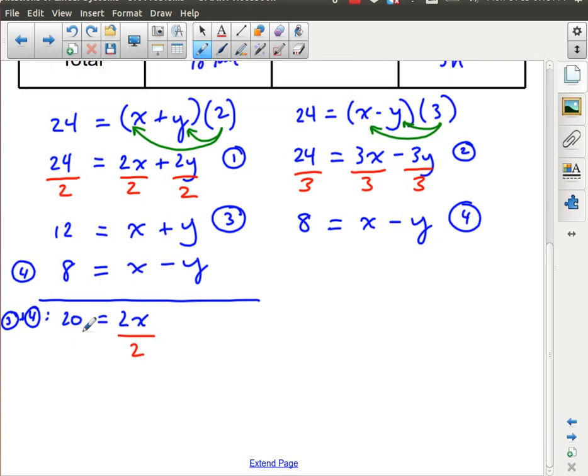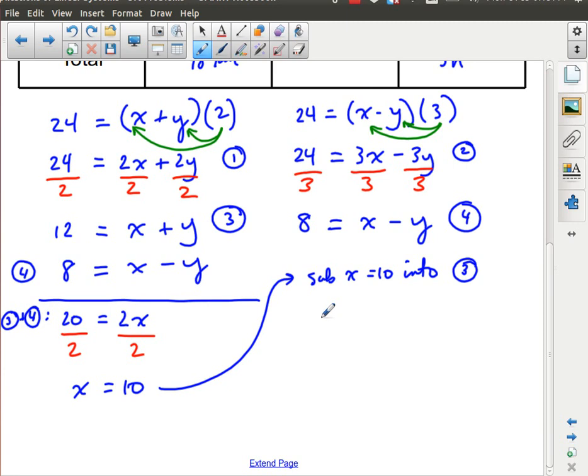Divide both sides by 2. And I end up with x equals 10. You can see I was going to get the answer 10 equals x, and I just went ahead and changed it to x equals 10. You can do that. Now that I know x is equal to 10, this one has a negative y. I want my answer to be a positive y, so I'm going to sub x equals 10 into equation number 3.